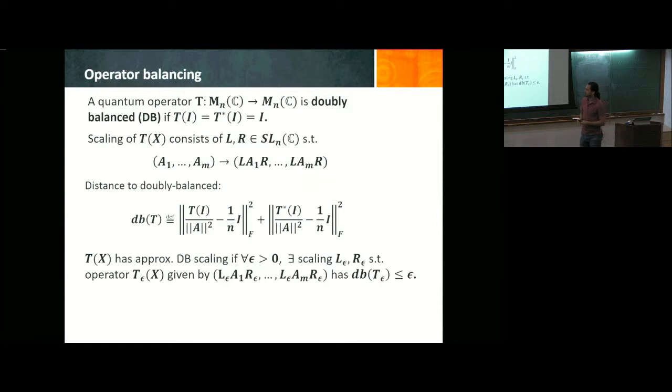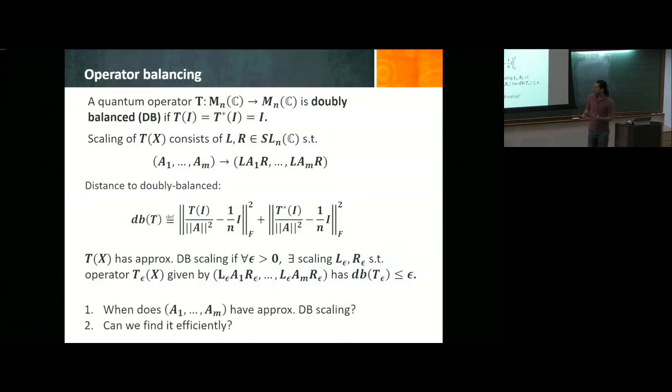And the scaling problem now is: this tuple of matrices A defining T has an approximately doubly balanced scaling if I can find matrices left and right such that this operator given by L Ai R is very close to doubly balanced in this distance. And then again, we can ask, given this tuple of matrices, does it have an approximately doubly balanced scaling? And if so, can we find it efficiently? And always the question that should be in the back of your mind is, how is this related to algebraic complexity theory?